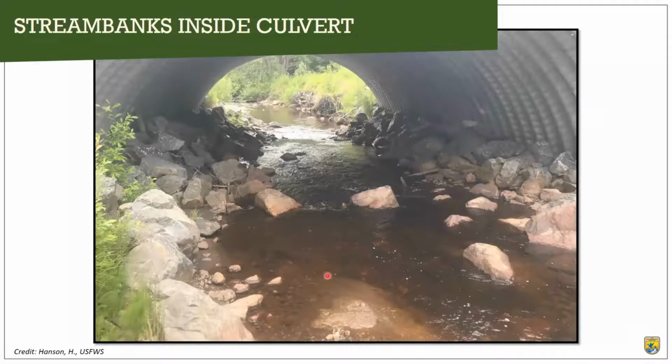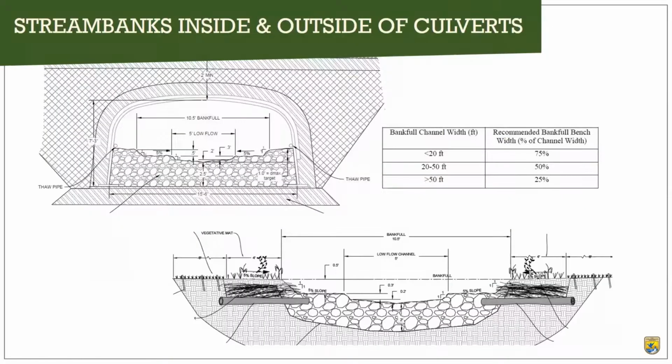But we can see the natural substrates are still moving through this culvert, the finer substrates, and moving through the bankfull channel dimensions. We want to make sure that we reconstruct our channel outside of the culvert as well, and we want to mimic those dimensions inside and outside and tie those in together.